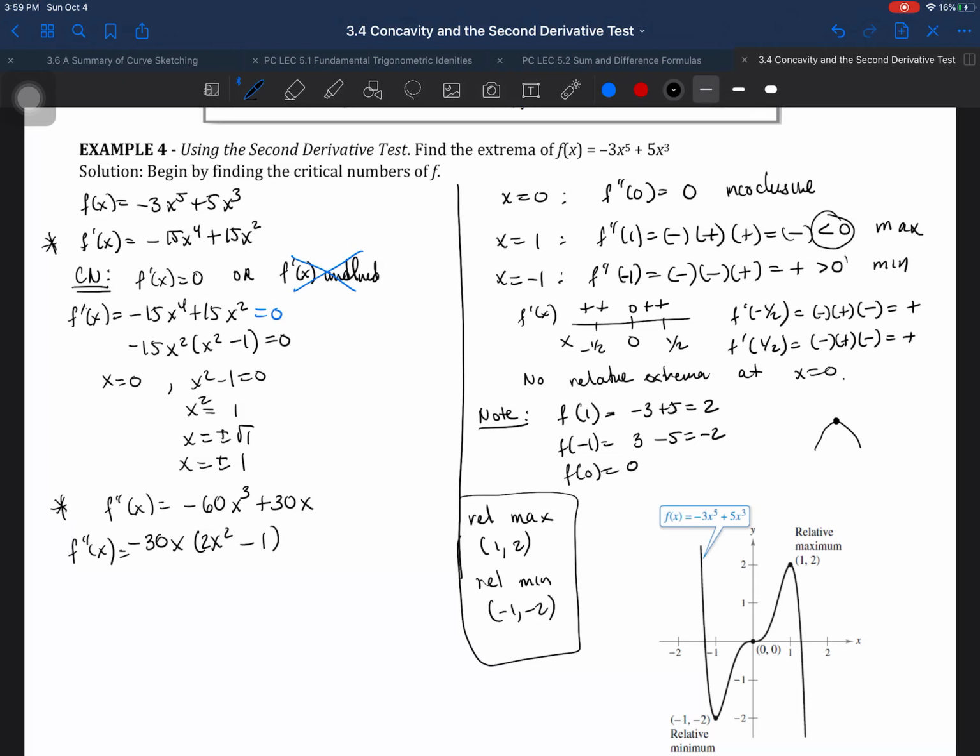If this is greater than 0, then I know this is concave up, so therefore this is going to give me a min. So that's how I remember. I don't memorize that when the second derivative is less than 0, it gives you a max. No, I try not to memorize too many things. I just use the concept and try to remember the concept by itself.